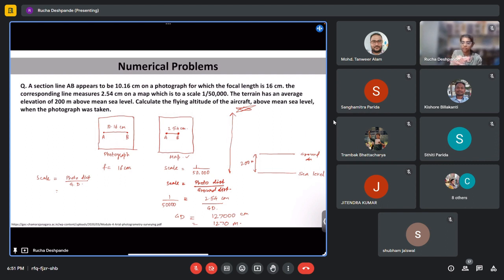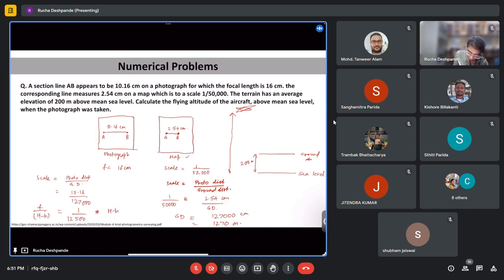So the distance between A and B, the ground distance would be the same here. So we have 10.16 divided by 127,000. So this ratio is 1 to 12,500. And we also know that scale is equal to focal length divided by height above the terrain. So this is H minus h. Right, now we know the focal length also.